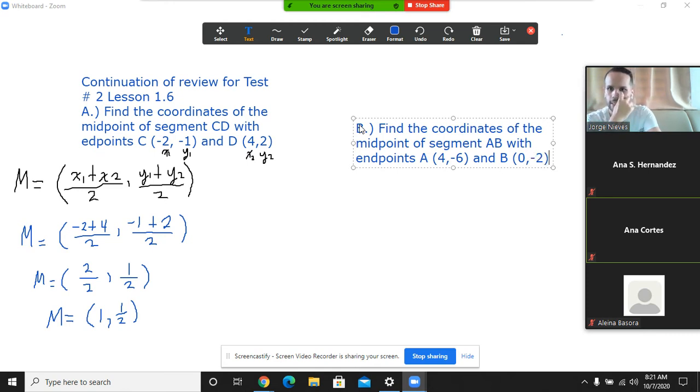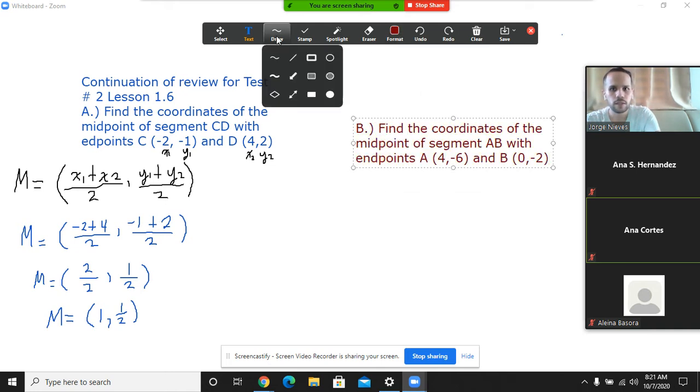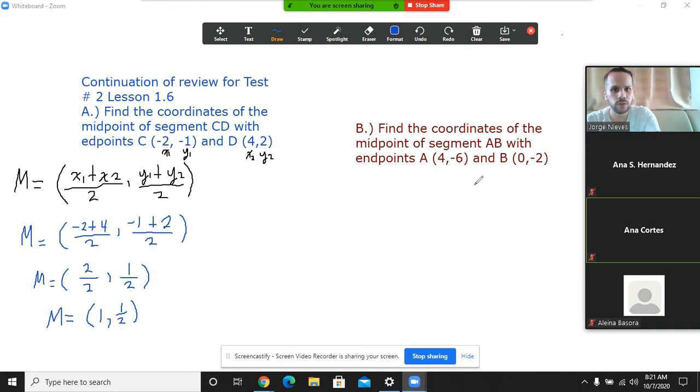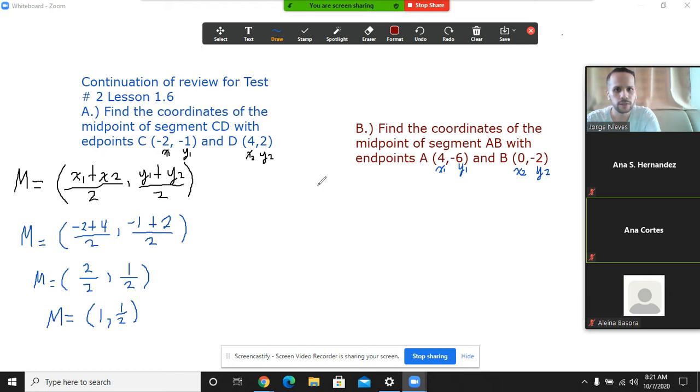Okay, so we're going to do the same thing. The first step I suggest you always do is the following. You always have to write down what you have. So this is x1. It's always going to be the same: x1, y1, and x2, y2. So we're going to plug that into the formula. We've got m.